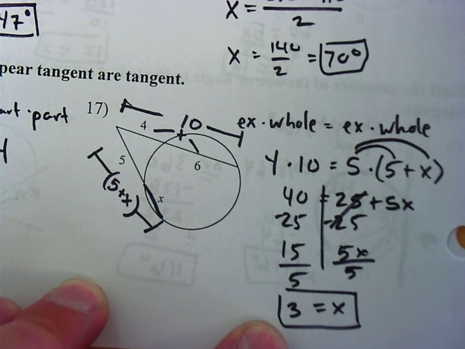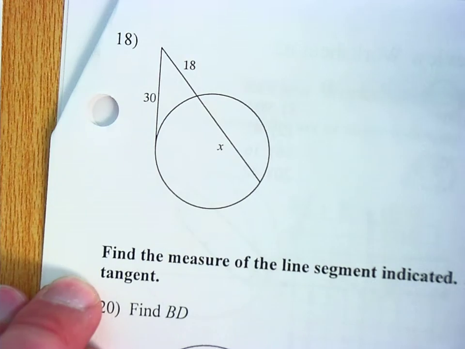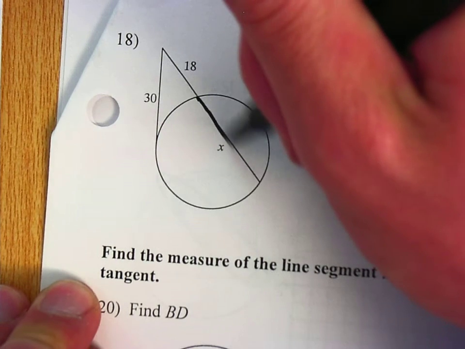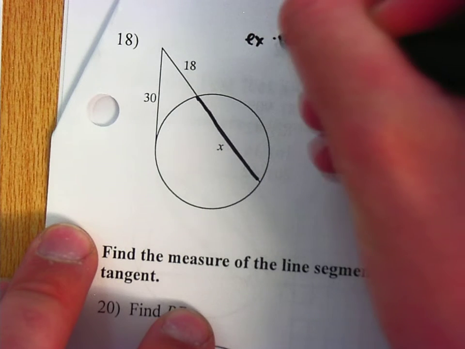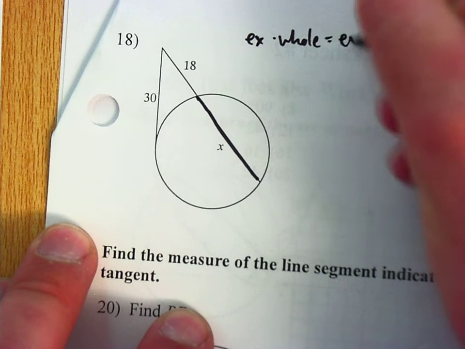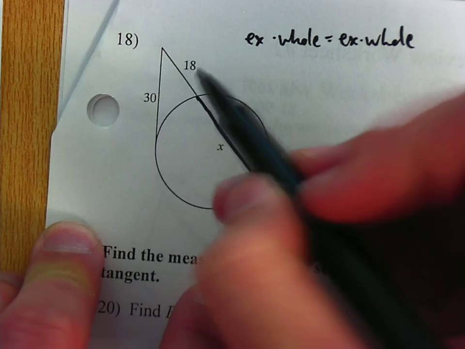Okay, now we're flipping it over to page 3, and we're already on our last page here. We're looking at number 18. All right, and we're asking ourselves, angle or segment? Well, it's a segment. The x is next to a line. All right, so we're doing external times whole equals external times whole. Well, the external part, again, is really easy.